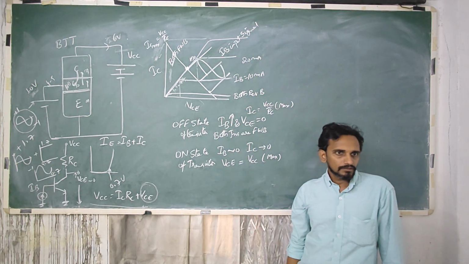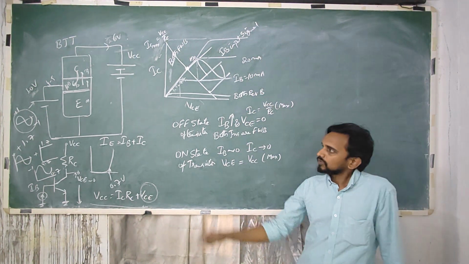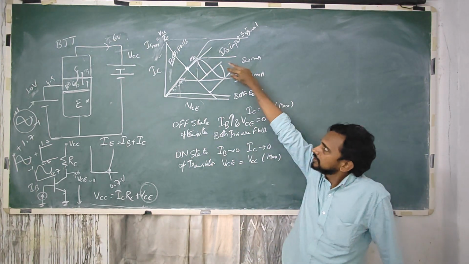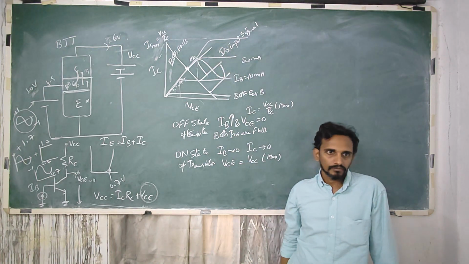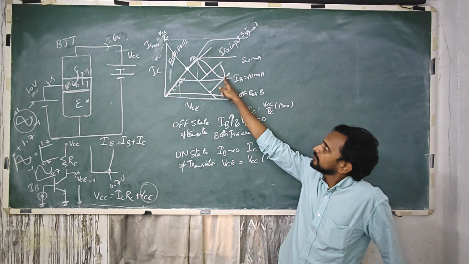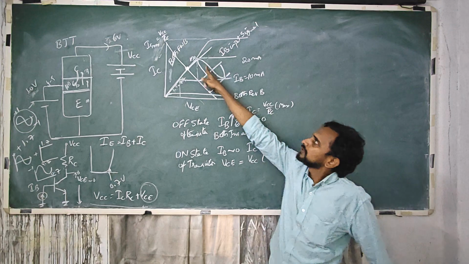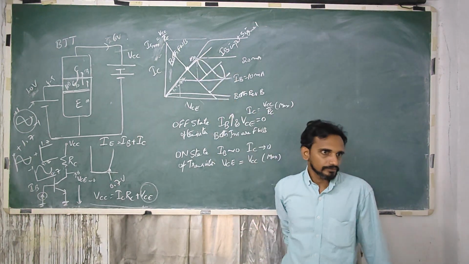Is that clear? Whatever input signal I am giving, I am representing it here. It is varying between just above 0 to all positive values.